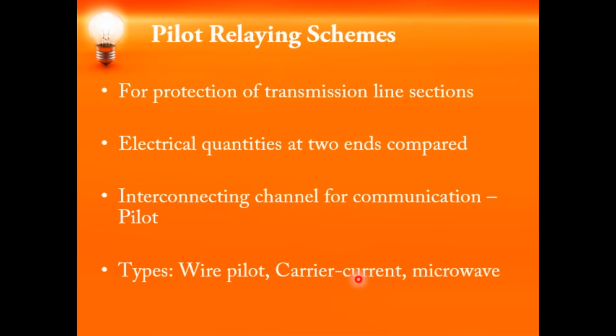When the number of services requiring the pilot channel exceeds the technical capability of the carrier current, you go for the microwave pilot. We will see wire pilot protection, carrier current protection and microwave protection in detail.